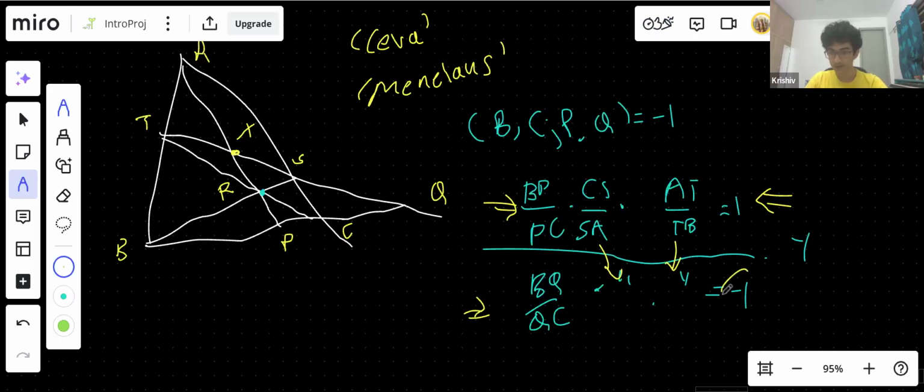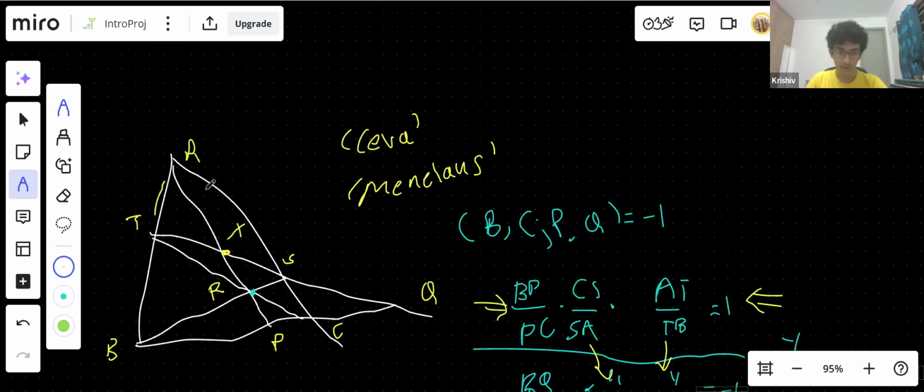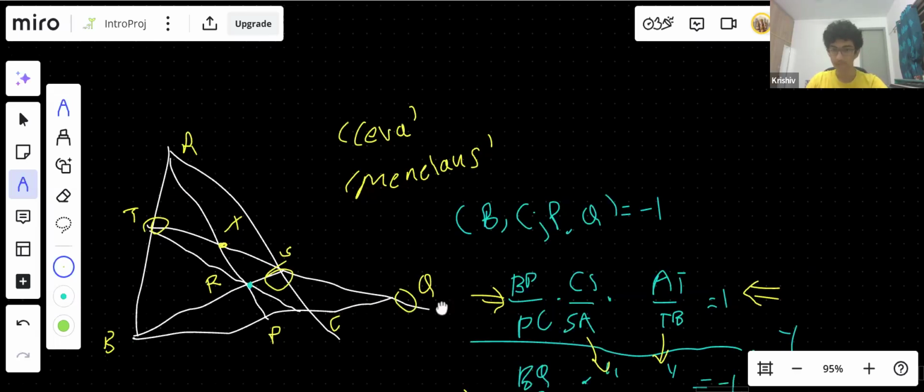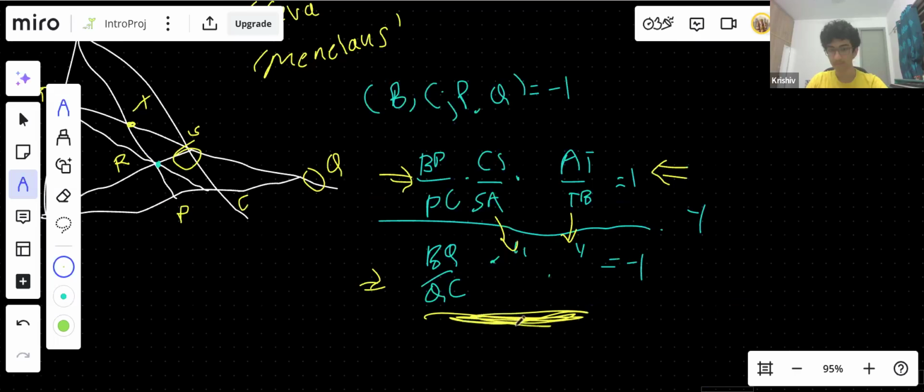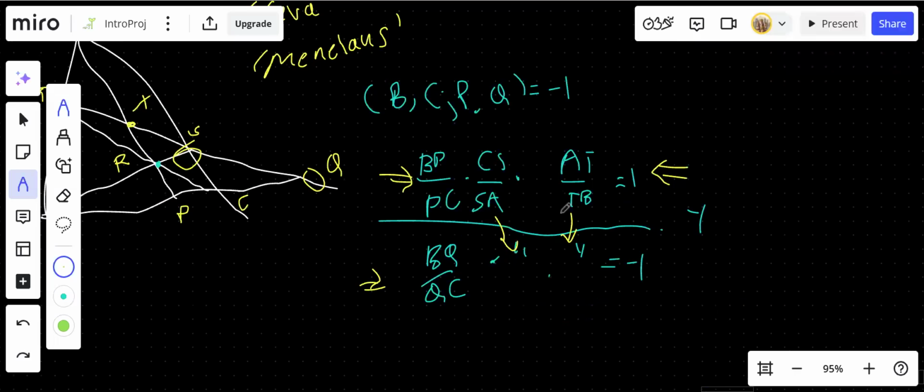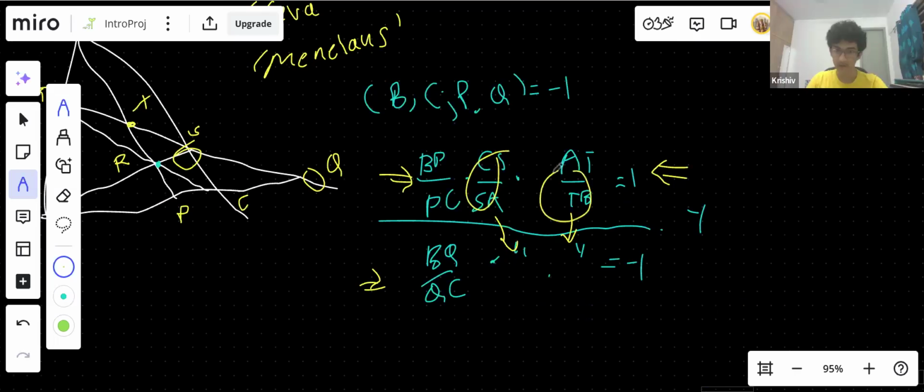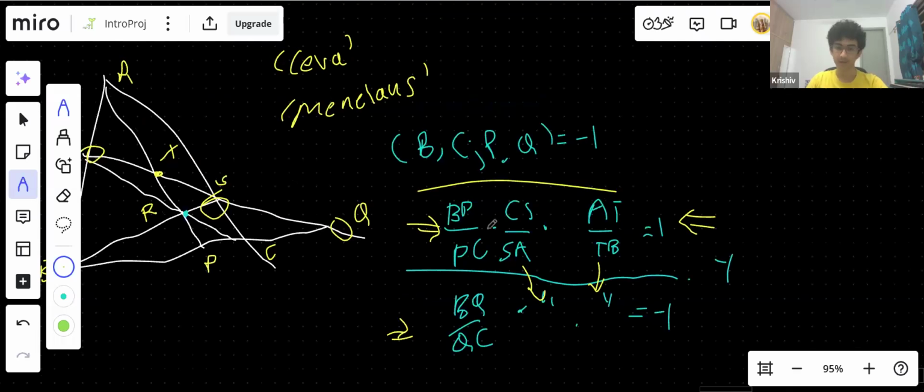The -1 is because of Menelaus, because of BT over TA, AS over SC, and BQ over QC. And since T, S, Q are collinear, this is true, right? So yeah, we can divide the equations. These things appear twice. So BCPQ is -1.